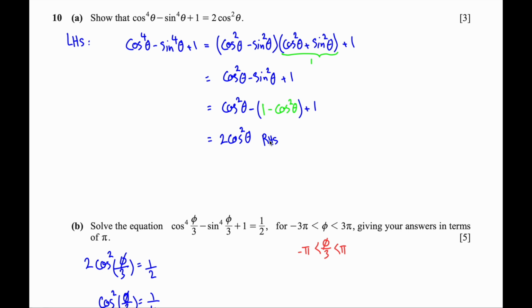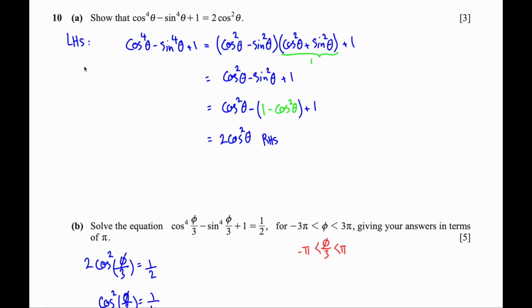Question number 10. I'm given a trigonometric identity which I have to prove. So usually the approach here is to start from one side and work your way to the other side. Since the left hand side looks more complex, I'm going to start with the left hand side.